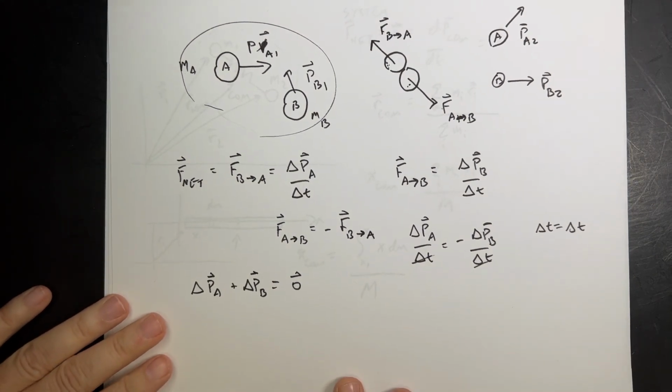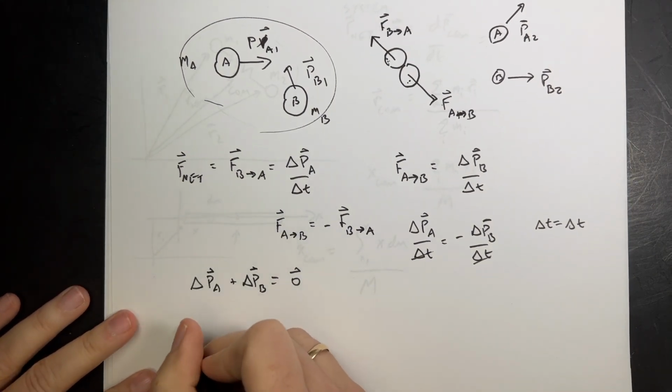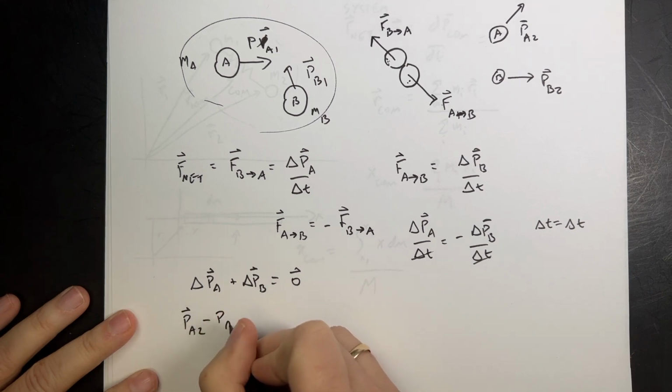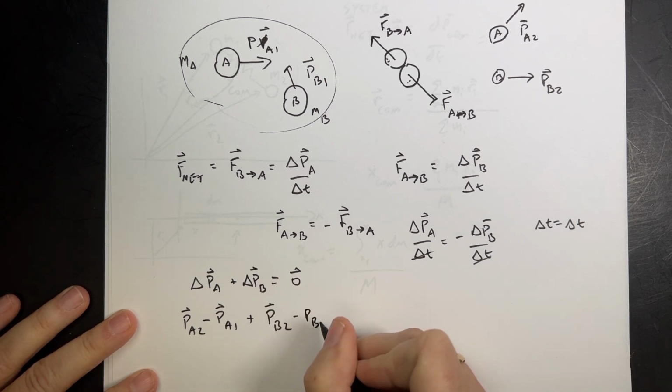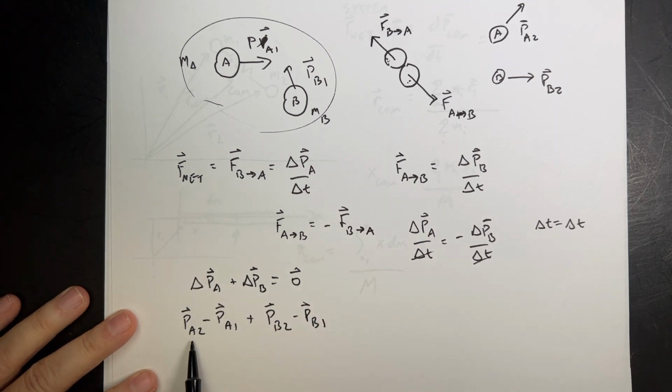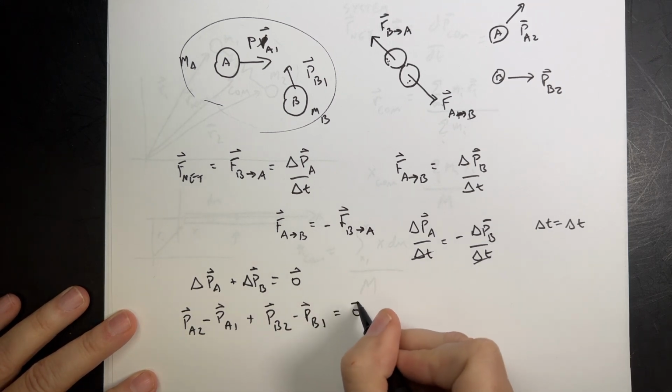Okay, now let's write this out a little bit more. Let's write this as P A2 minus P A1 plus P B2 minus P B1. That's a change in momentum, final minus initial, change in momentum, 0.